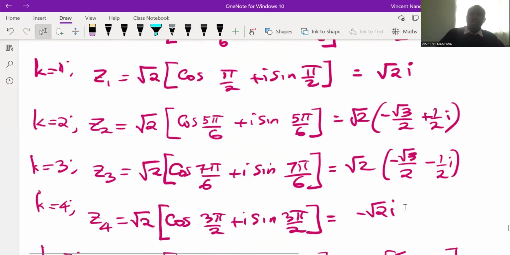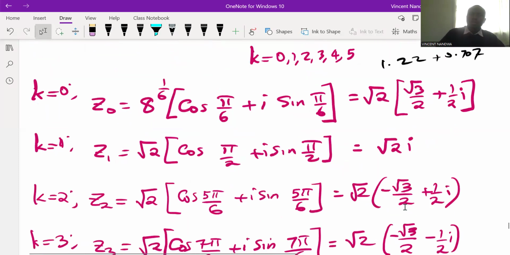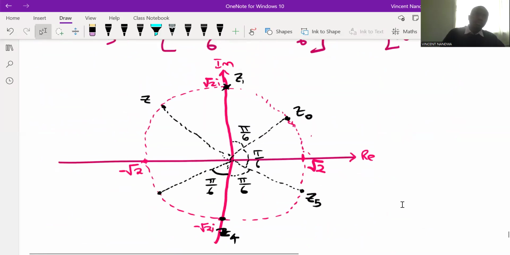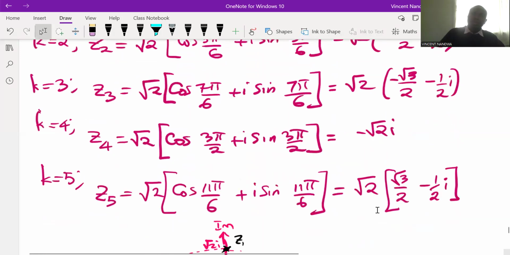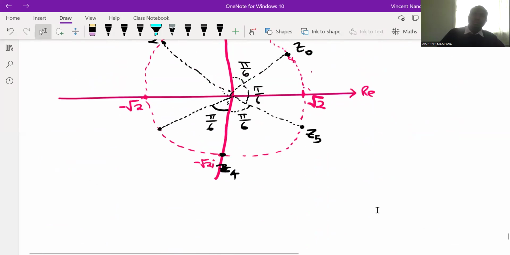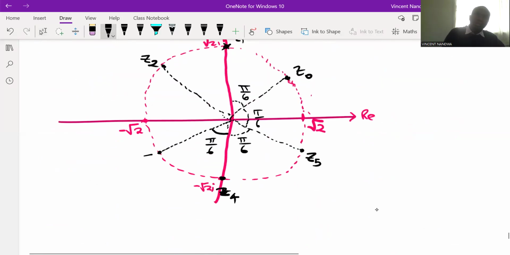X is negative, y is positive. So that is z2. And then negative, negative. This is z3.